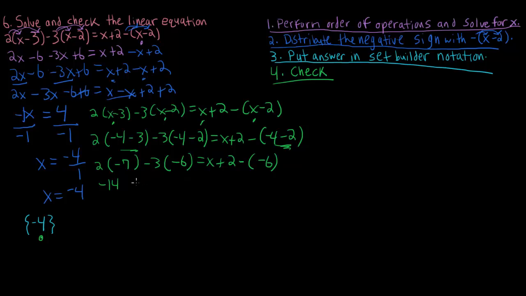Negative 3 times negative 6 is positive 18 equals x plus 2. Negative times negative 6 is a positive 6. Then we have negative 14 plus positive 18 is positive 4.